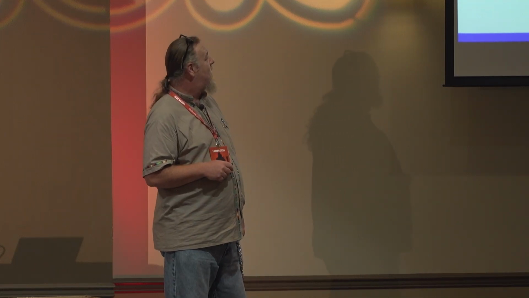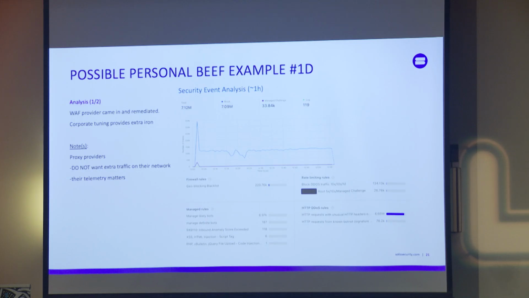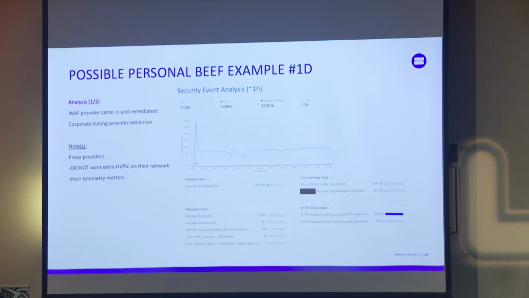The other part of the analysis on the security events on this one is the WAF providers have generally a very large global network. And they don't want the DDoS on their network either because it costs them money. And it costs them services and processing power in their cloud environments. Because almost every WAF, unless you have it locally, is a proxy to some website.